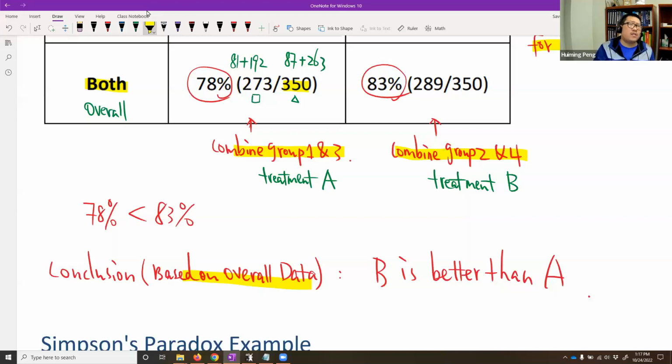Why paradox? It is impossible for the same data to get two completely reverse conclusions, right? At least one is wrong, or both of them are wrong. Which one do you believe?